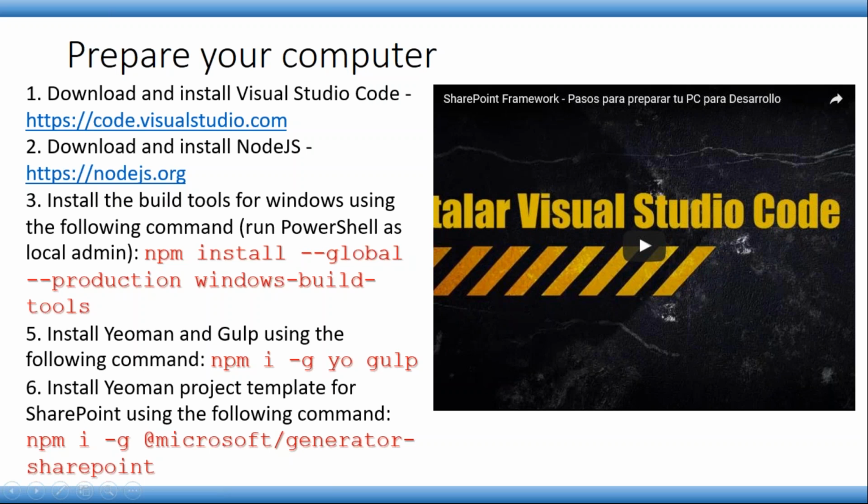Once you install Node.js on your local computer, you can use some commands to provision the Windows build tools, all these open source tools for us to compile and build SharePoint web parts. Notice in number 5 here, we have the code to get the Yeoman and the gulp pieces.